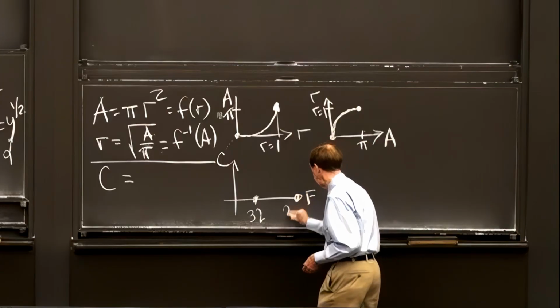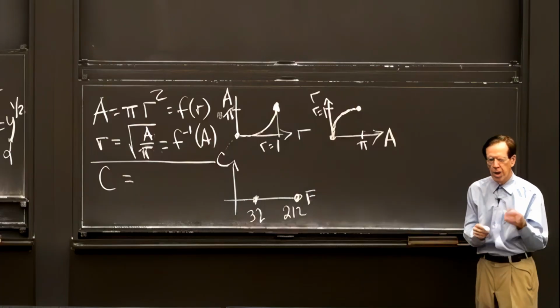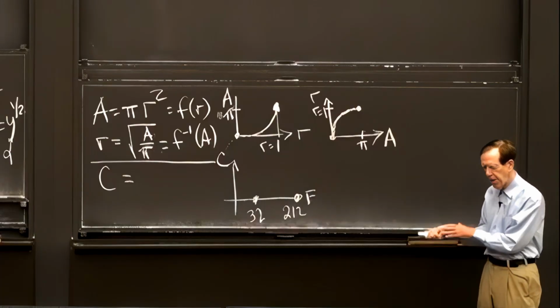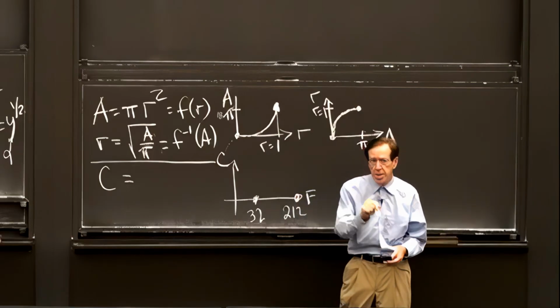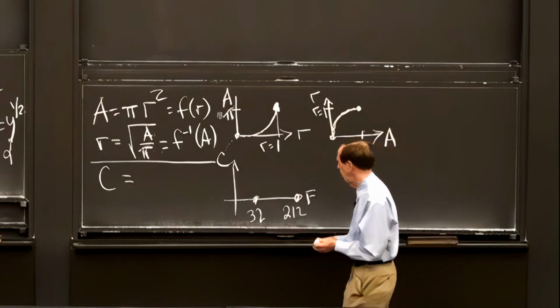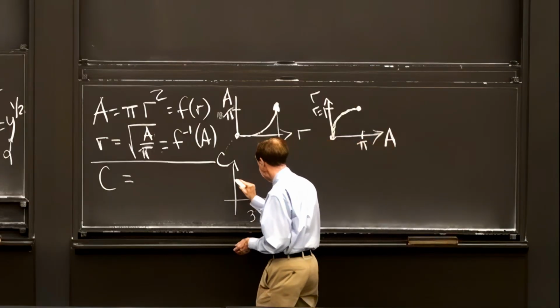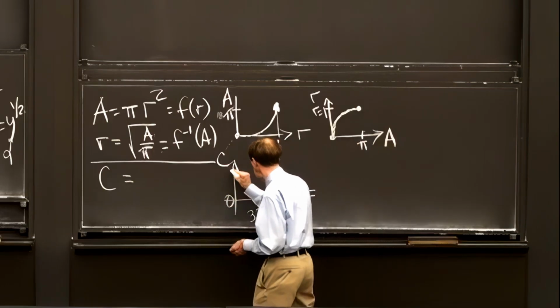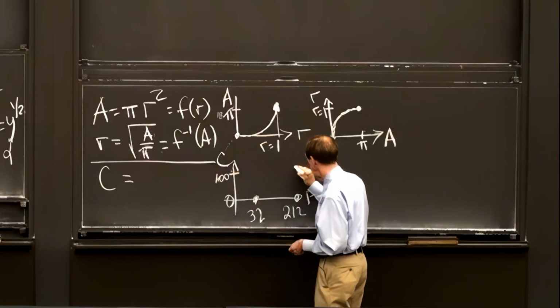So say that's when F is 212. 212 is the boiling point of water in Fahrenheit. And what's the boiling point in Celsius? 100. I don't know where 32 and 212 came from, but 0 to 100 is pretty sensible. So that's the other point.